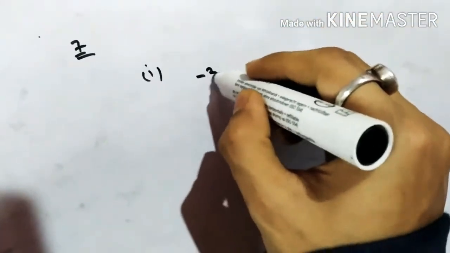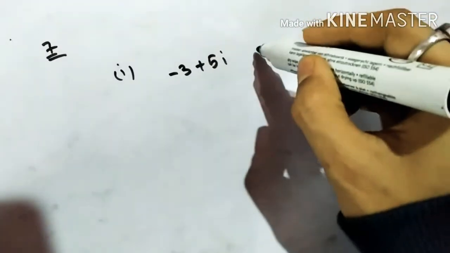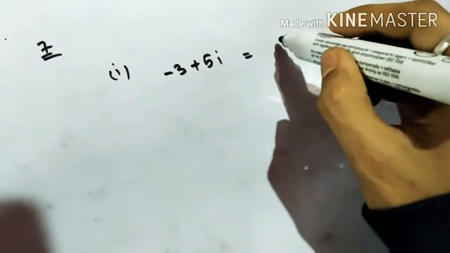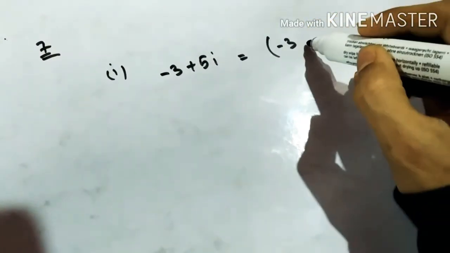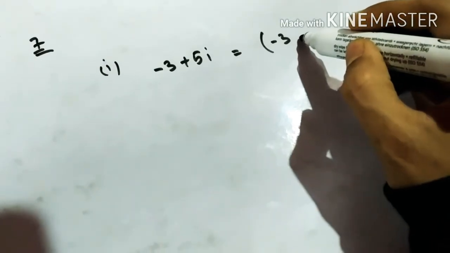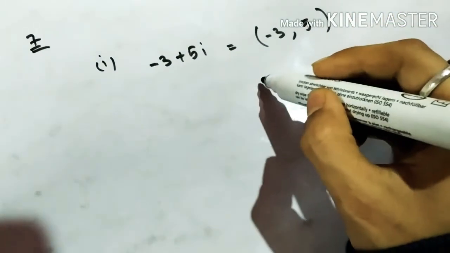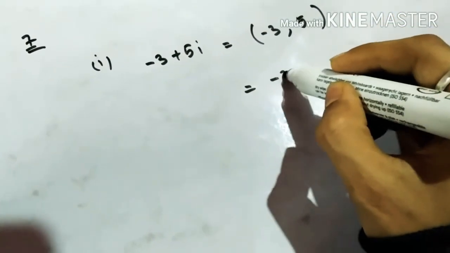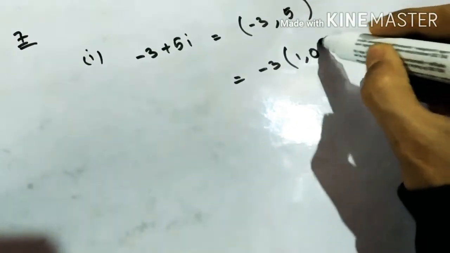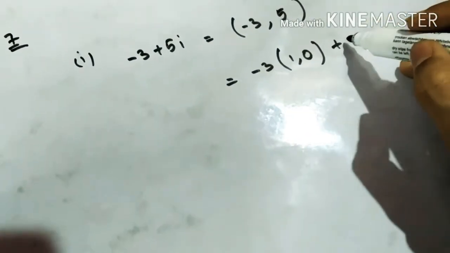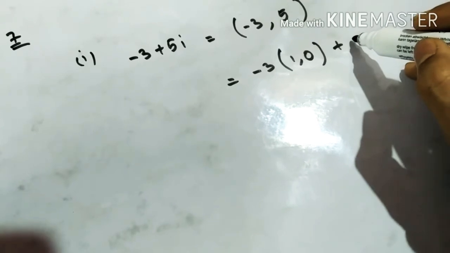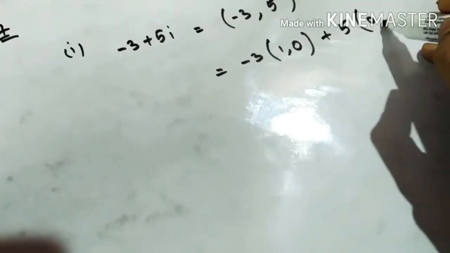So now minus 3 plus 5i, which I can write as minus 3 comma 5, which is equal to minus 3 (1 comma 0) plus 5 (0 comma 1).